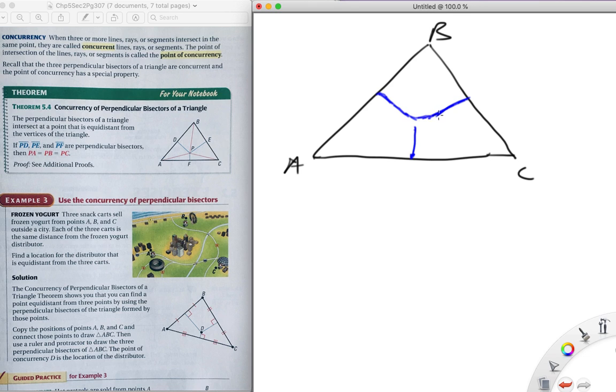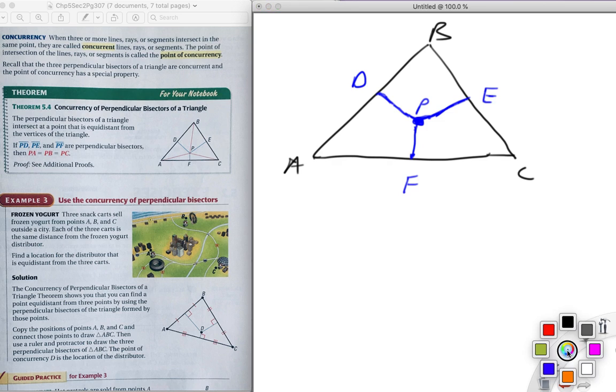Now, this is just an educated guess where this is. We call this point P. All right. We have D, E, and F. All right.